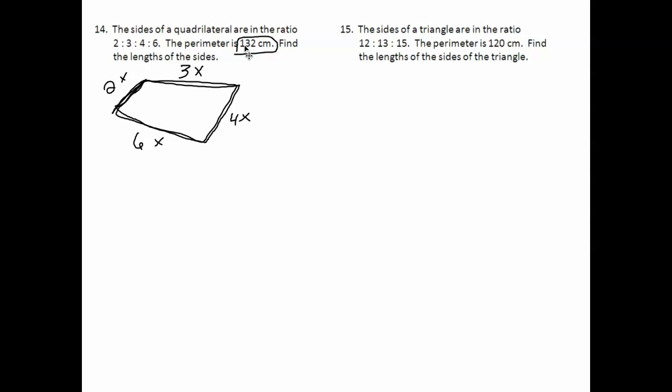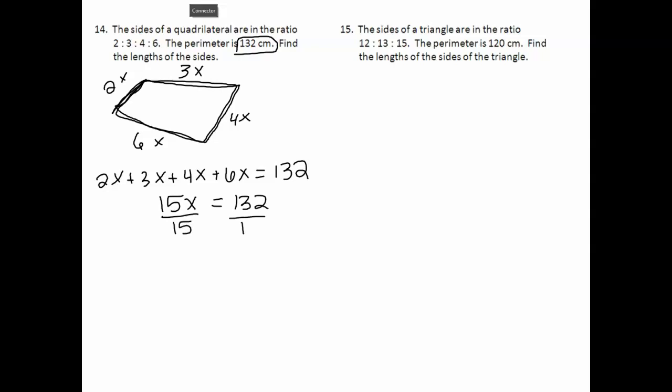Its perimeter is 132. So again, perimeter is the sum of all the sides. So 2 plus 3 is 5, 4 plus 6 is 10, 5 plus 10 is 15. Solving for x, you get 8.8.